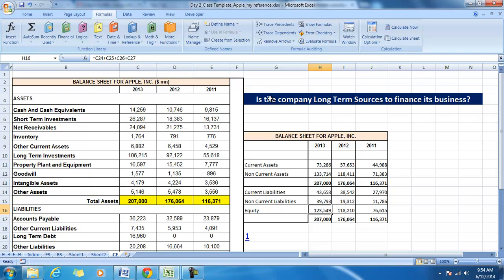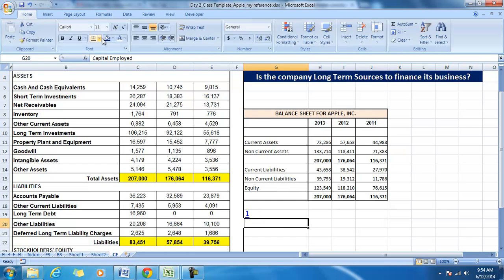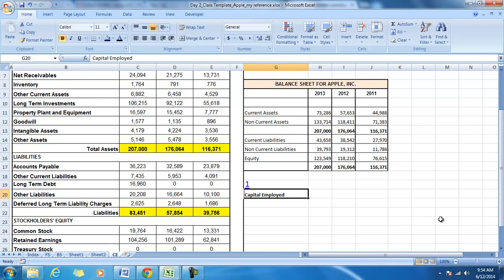So with this balance sheet, let us first find an answer to this question. To do that, we have to find capital employed. Capital employed is a summation of the debt and equity, the long-term debt and or non-current liabilities and equity. The capital employed is also called the long-term sources, which consists of non-current liabilities and equity.